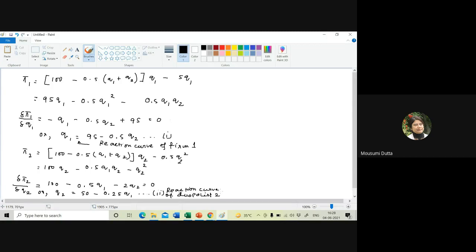Once you get these two equations, equation 1 and equation 2, you need to solve them simultaneously. You can substitute the Q2 value in equation 1 and find Q1. Once you get Q1, putting this value in equation 2, you can find Q2. So please derive the values of Q1 and Q2.